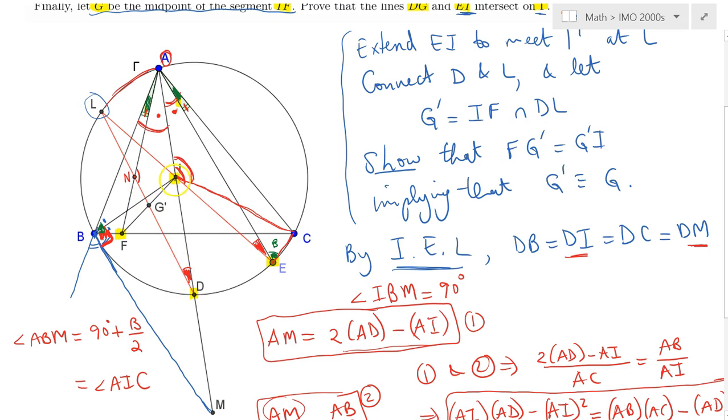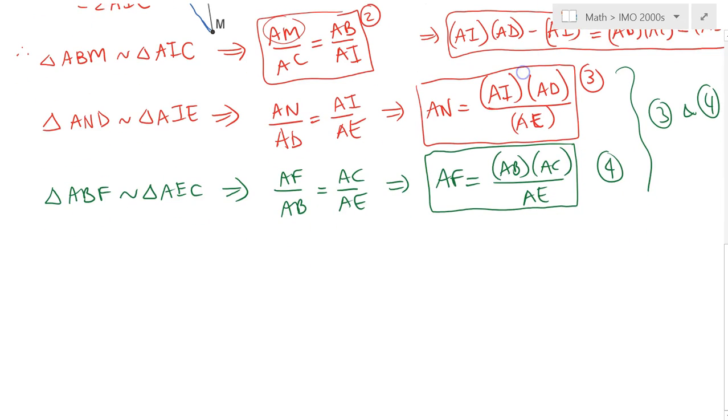Obviously that would give me, if you start from the point I, for example, IG prime over G prime F times FN and AD over DI, right? I hope that's clear. So let me write all this down.